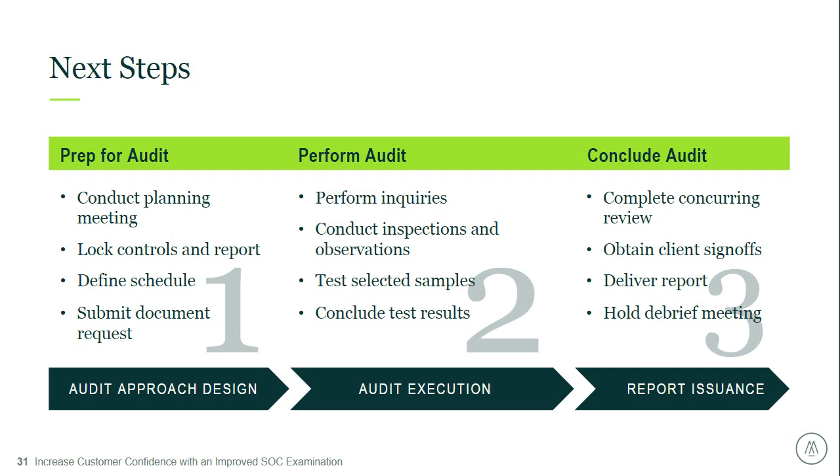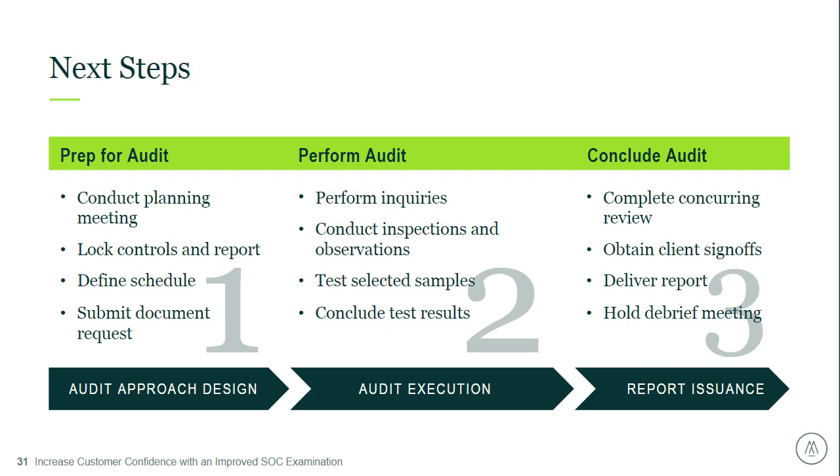The next step is performing the audit. Oftentimes this is called field work or testing. What happens is the service auditor will perform inquiries. They will inspect and observe things that are in place. They will test samples, and at the end of this, they'll conclude on their testing. The last step of the process is to conclude the audit. I call it reporting, but this is where the report is finalized.